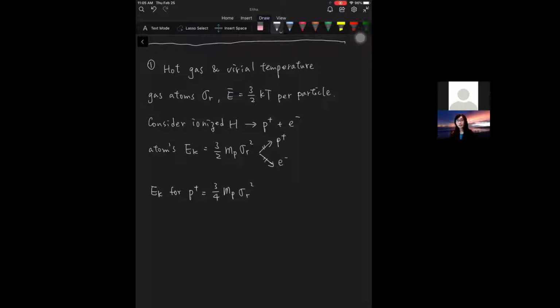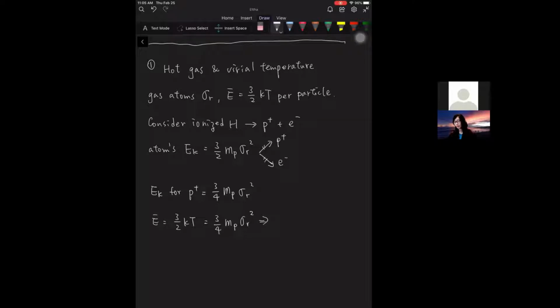If we set the average energy per particle, which is 3/2 kT, equal to the kinetic energy, then we get this equation.